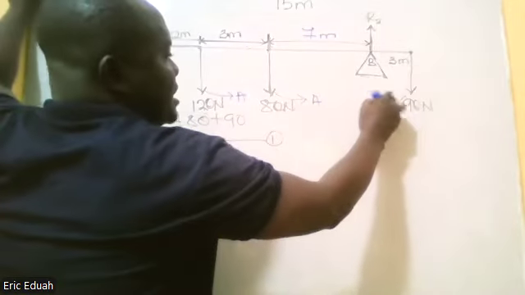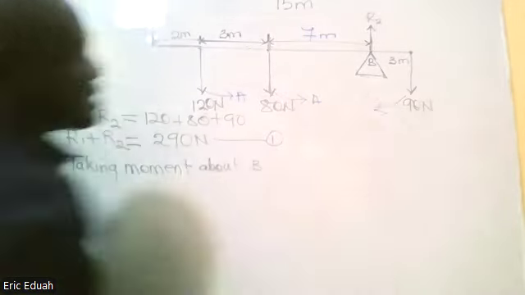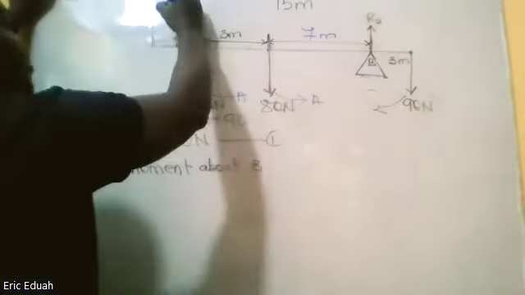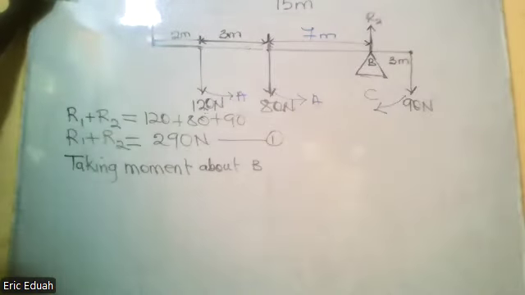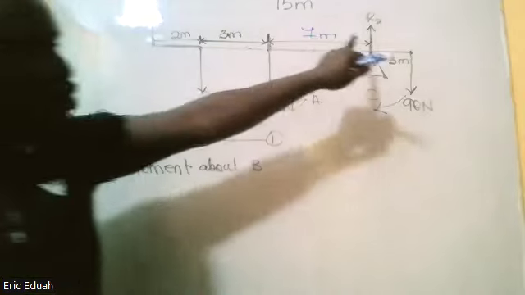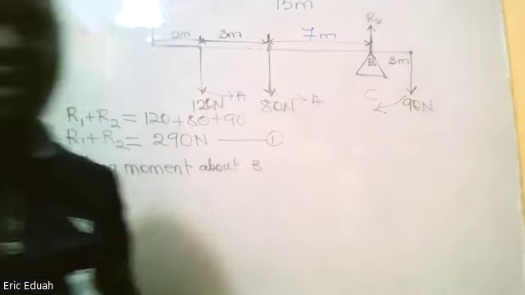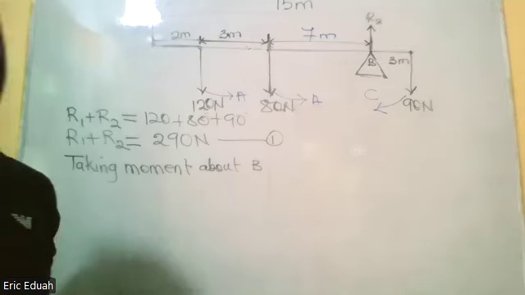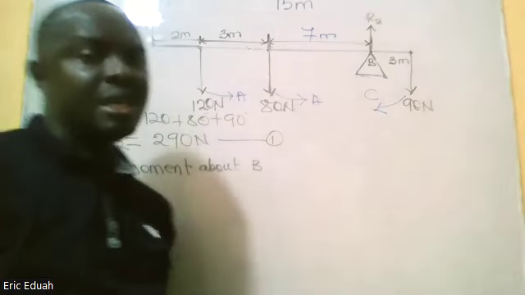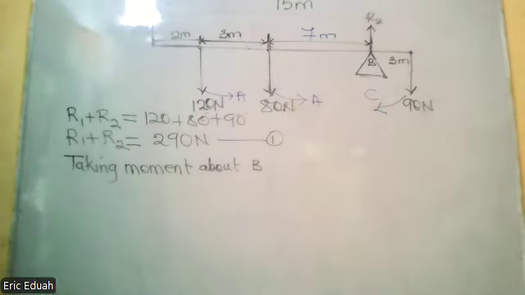This will give us clockwise. This will also give us clockwise. And R2 would give us zero turning effect because it has no perpendicular distance.